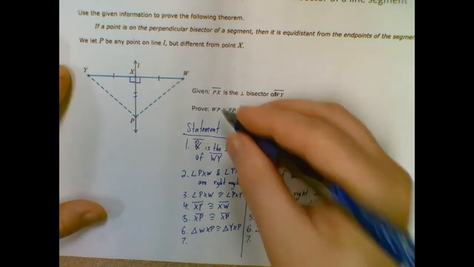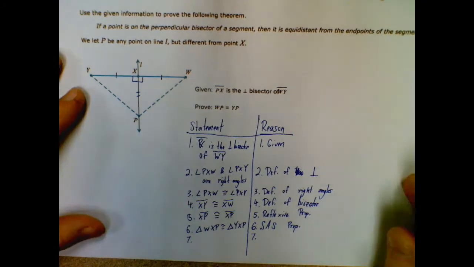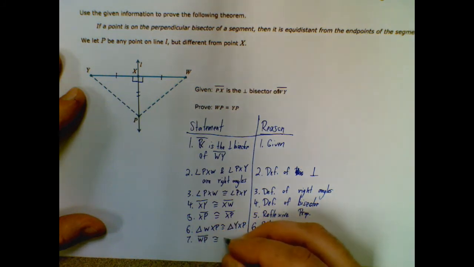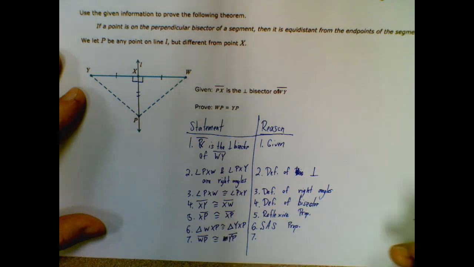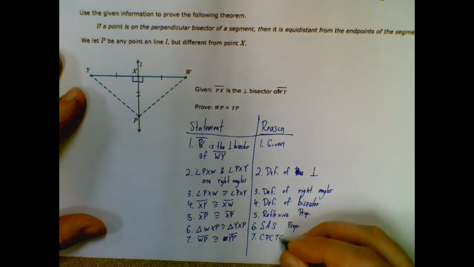All right, and I want to prove that WP is equal to YP. So the lengths here have to be equal. So I have to actually do this in 2 steps. So I can say that line segment is congruent to the other line segment. Okay, and that's through CPCTC.